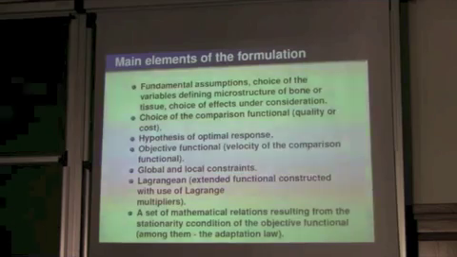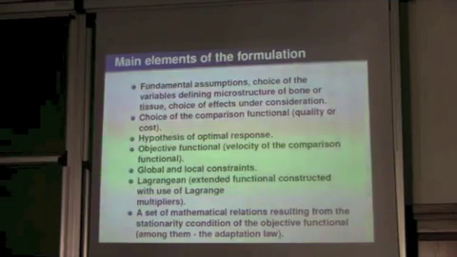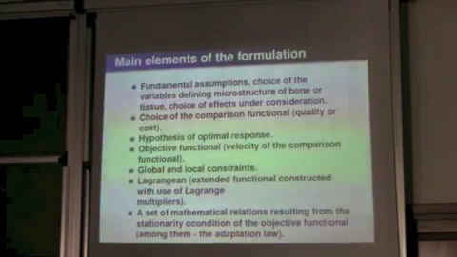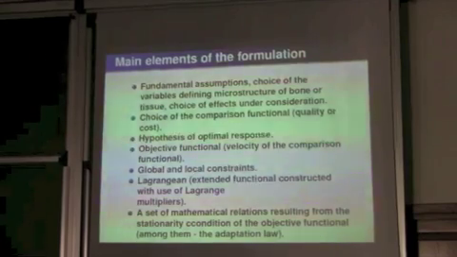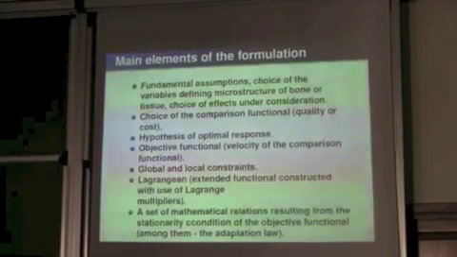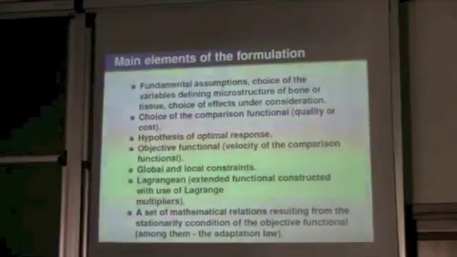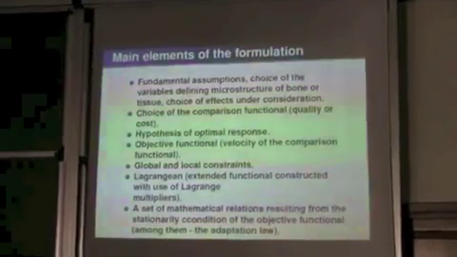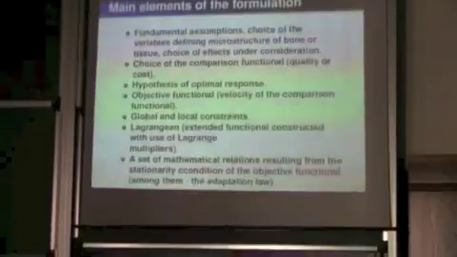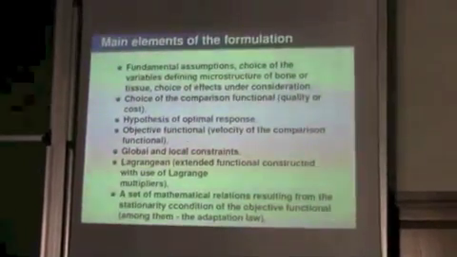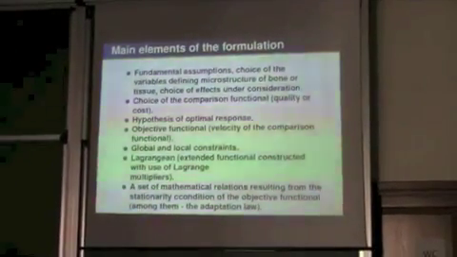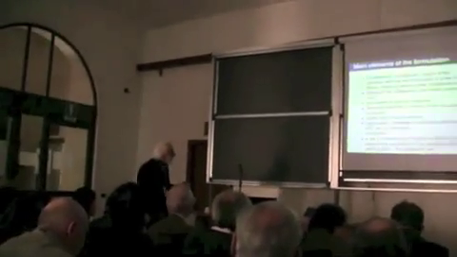Then we have to add several additional constraints. These constraints can have very different nature: mechanical, physical, chemical, biological. The only condition is that we have to be able to describe them in mathematical terms.